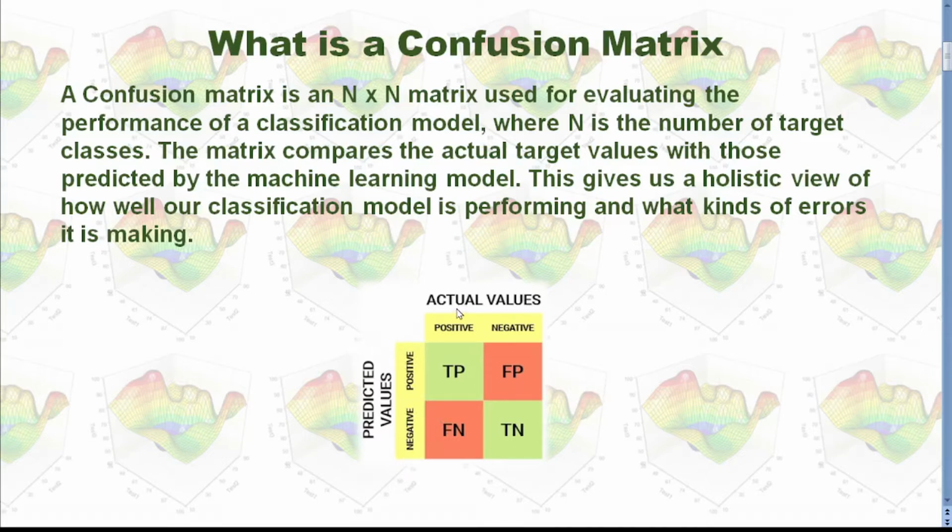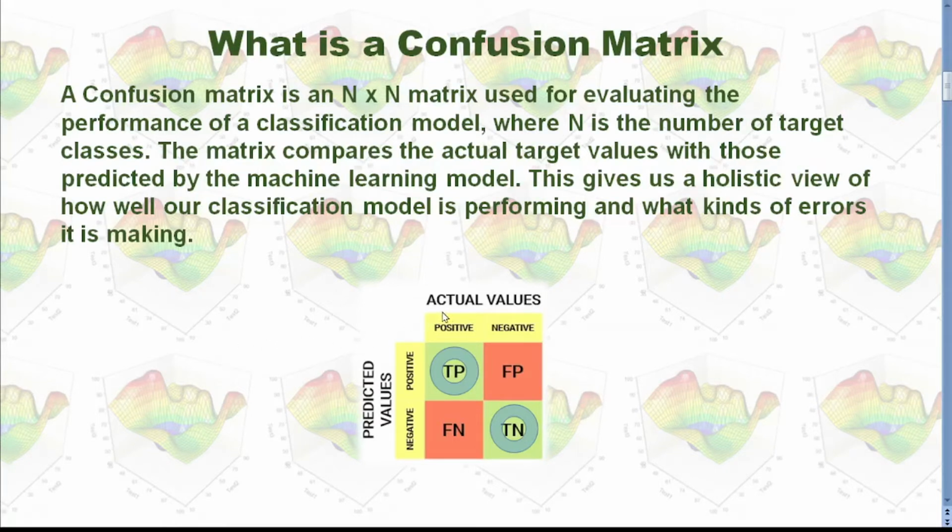If the actual value is positive and our predicted value is also positive, this is true positive. At the same time, if the actual value is negative and the predicted value is also negative, this is true negative. So in those cases, everybody is happy because the machine learning model provided us the correct answer.